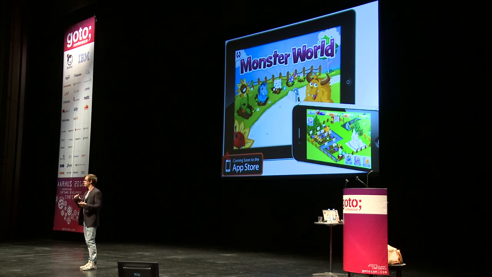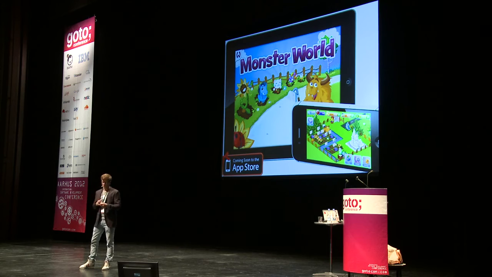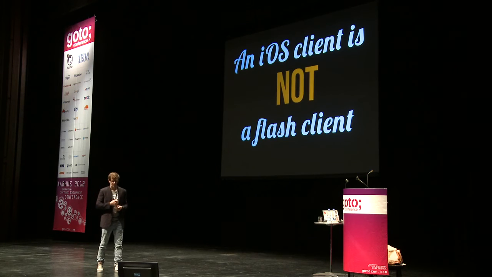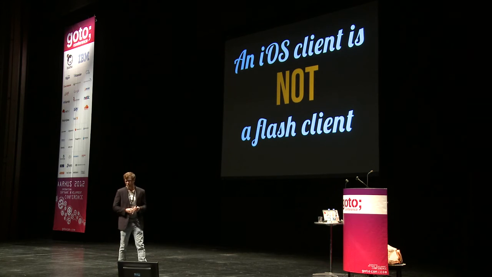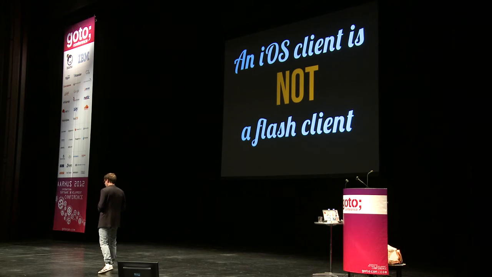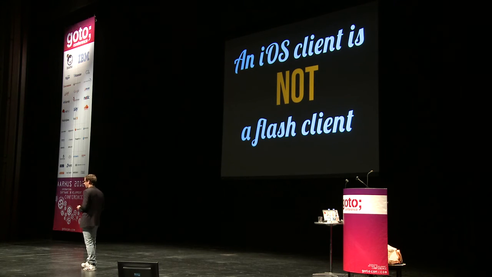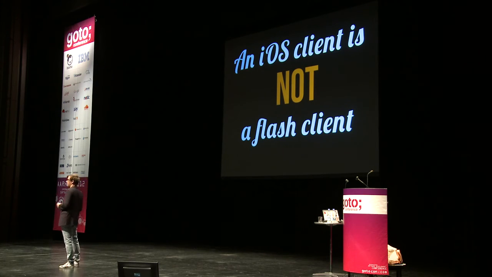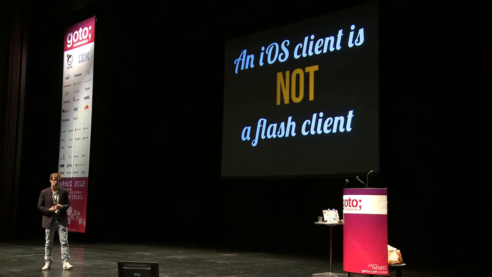They would attack the local storage and change configuration values and other funky things like that. Lesson learned for me was, first of all, an iOS client is not a Flash client. But I also learned that my Monsterville mobile game is not an arcade game, so I couldn't just copy and paste what our arcade mobile game was doing.